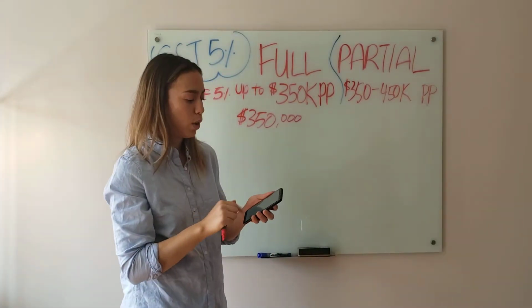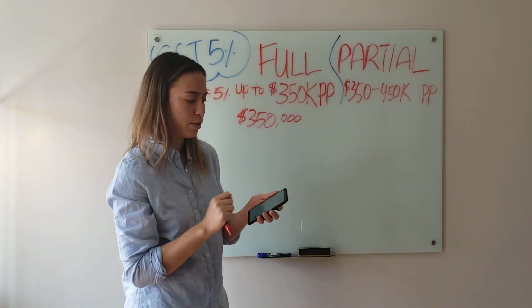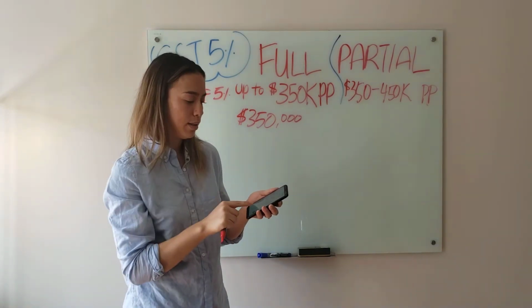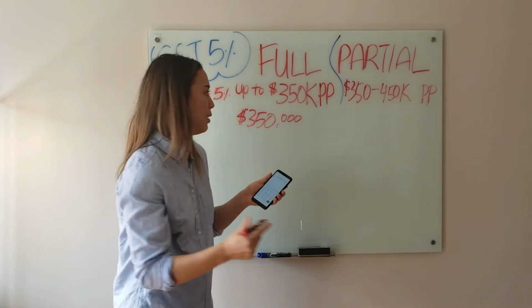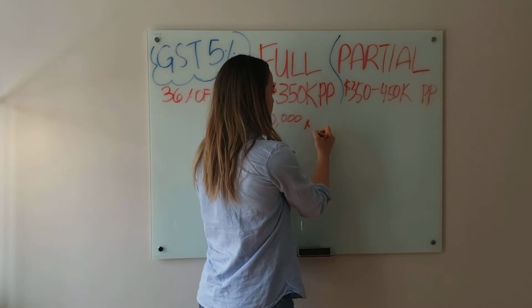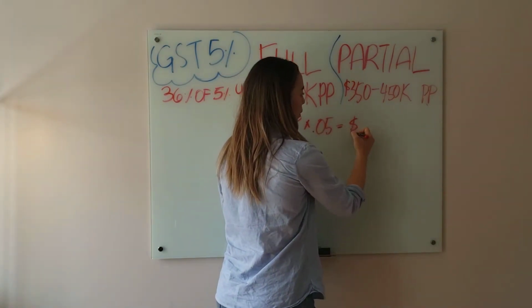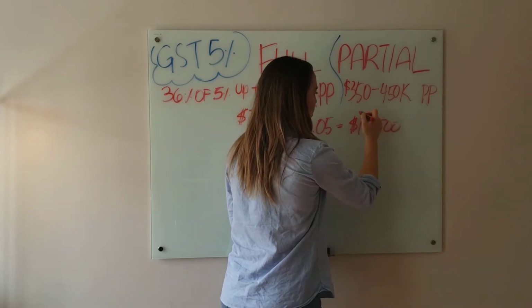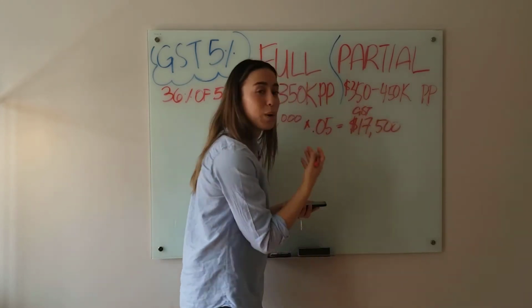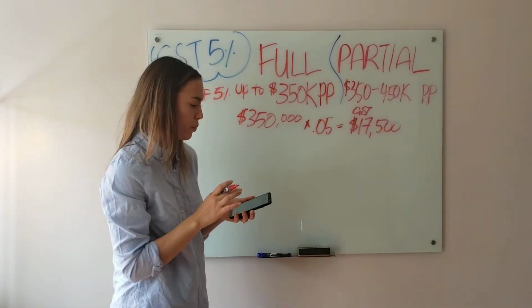So again, we calculate what the GST is based on $350,000. $350,000 times 0.05, so 5%, gives you a full GST number of $17,500. This is what your GST would look like if you didn't qualify for a rebate.